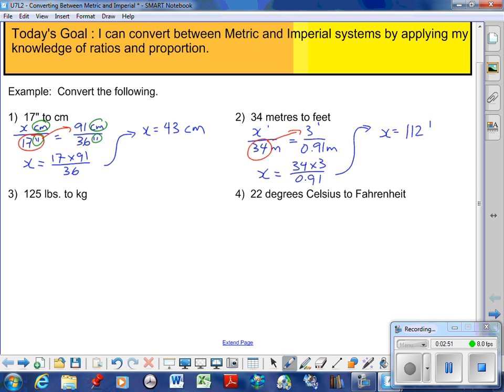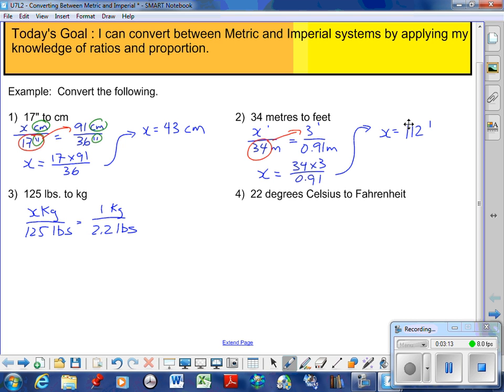I'll do one more, and then the fourth one's a little bit different. So pounds to kilograms. How many kilograms are in 125 pounds? I don't need to look at my conversion sheet because I know that for every 1 kilogram, there's 2.2 pounds. It's just something I remember from over time.